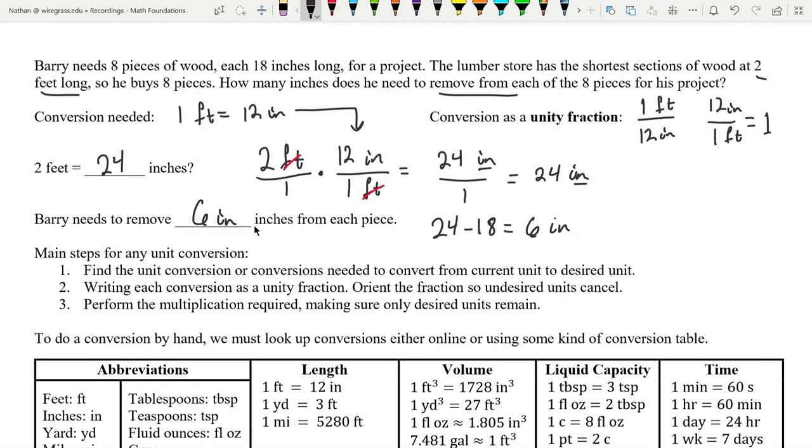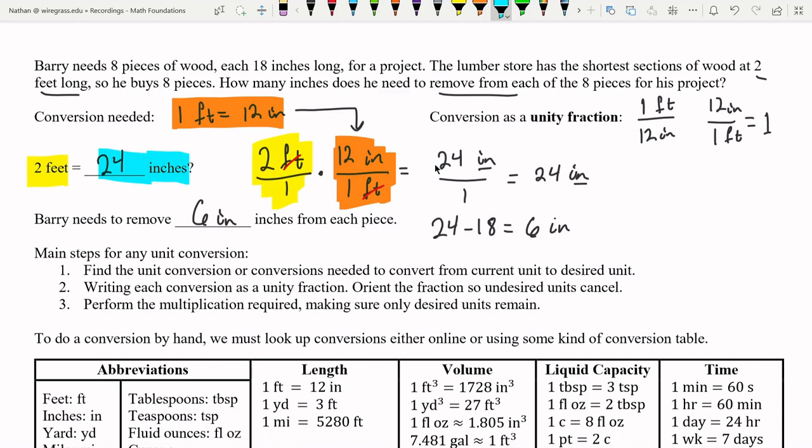We're going to take the unit we have, which was 2 feet here, and multiply it by some unity fraction that comes from a conversion. And what that gives us is the units that we want. That's going to come from the result of the fraction when we simplify everything down.